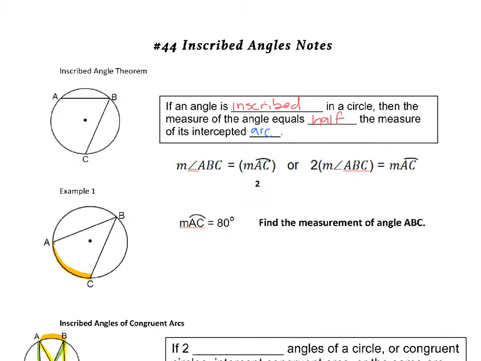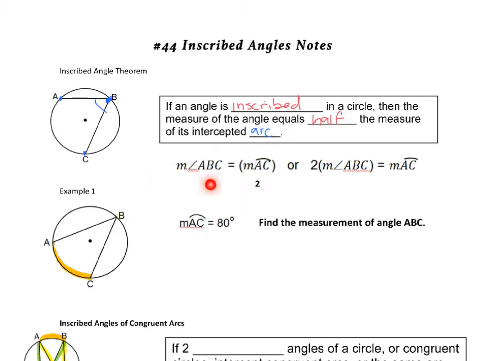You notice these chords do not go through the center, and all their points are located on the circumference of your circle. So this angle here, angle ABC, is considered an inscribed angle.